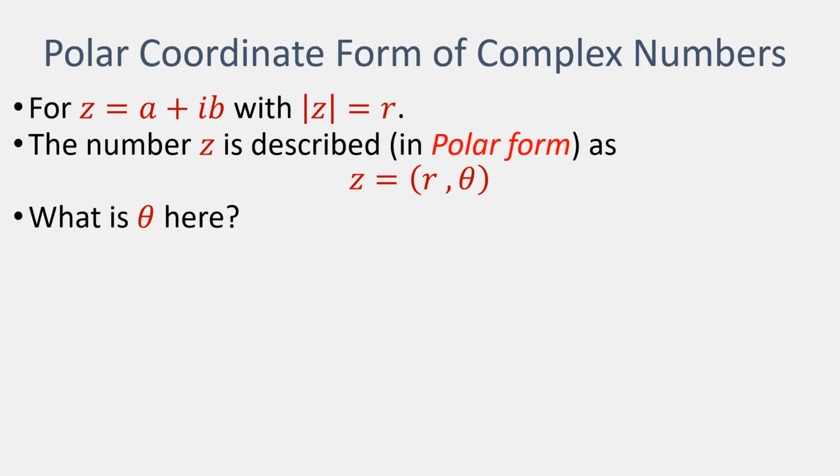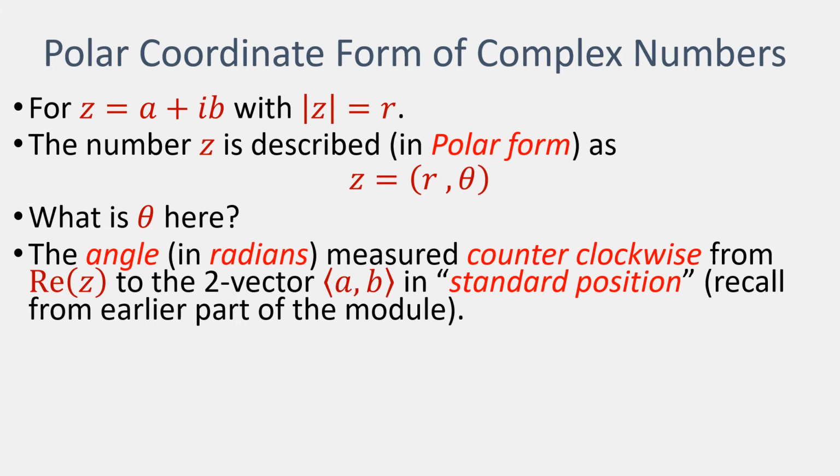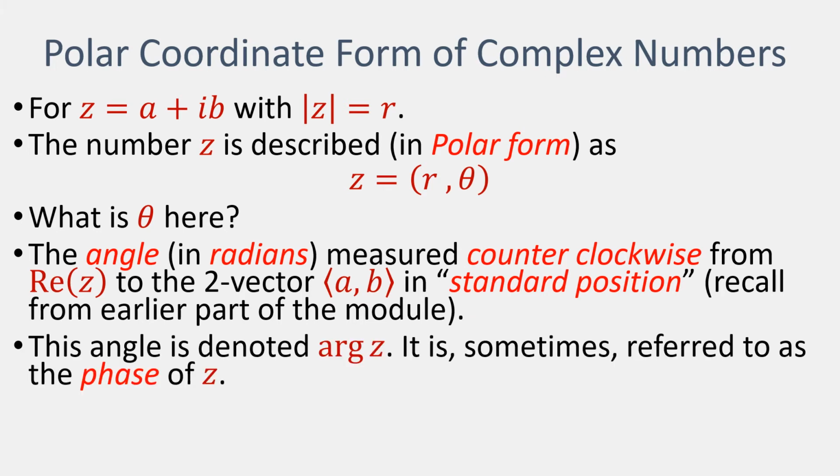And what's this other object? Well, it corresponds to the angle. We conventionally measure angles in radians, and it's the angle measured going counterclockwise from the real axis to where the two vector describing the complex number is. The two vector is drawn in what I refer to as standard position.